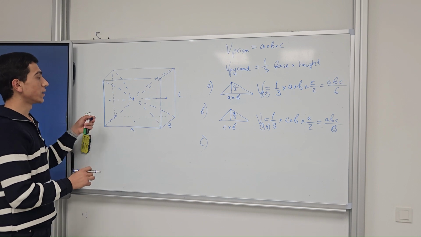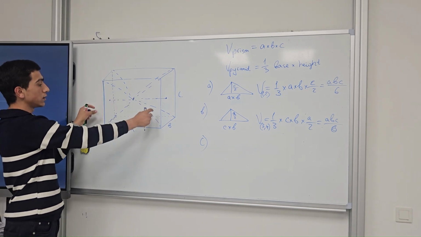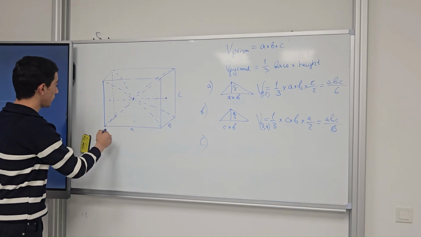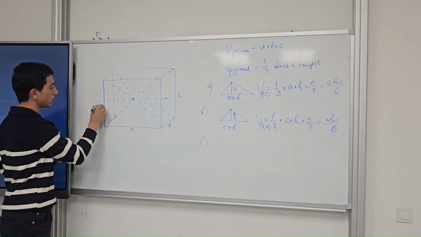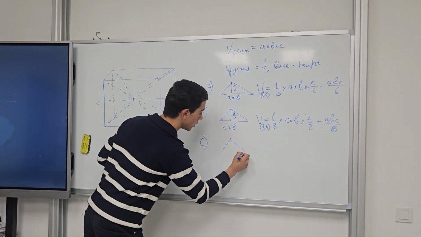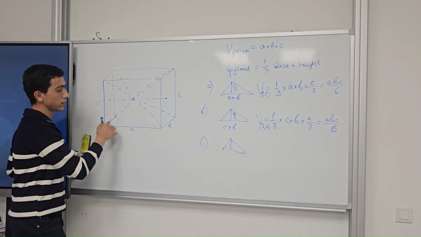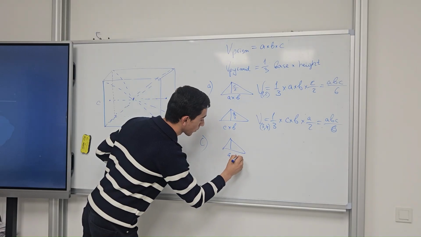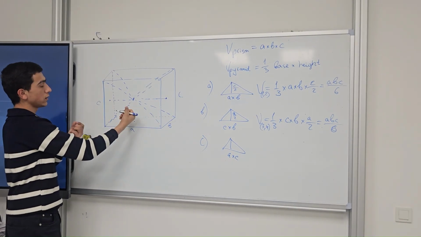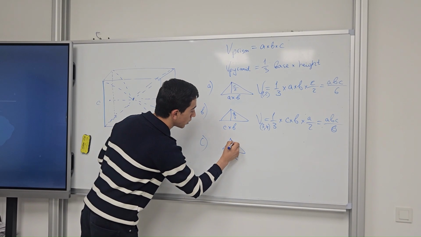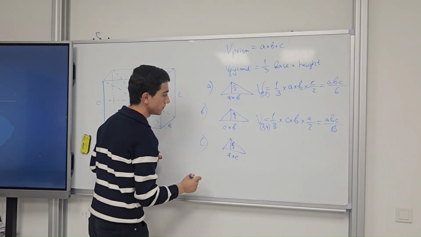And next, as a base of the pyramid, we can take the face of the prism, and the base is A multiplied by C, and the height this time is B over 2.